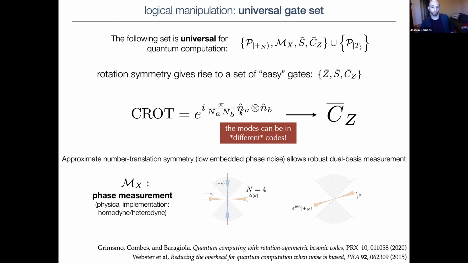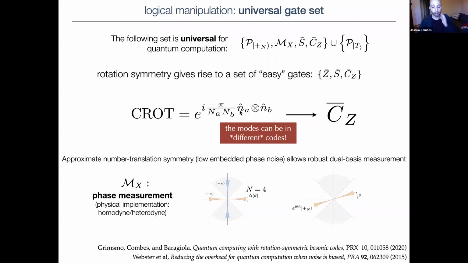And the cool thing about this particular gate is that it can interface two different codes. So as an example, you could do a logical CZ gate between one qubit, which is in an n=2 cat code, and another qubit, which is in an n=7 binomial code.